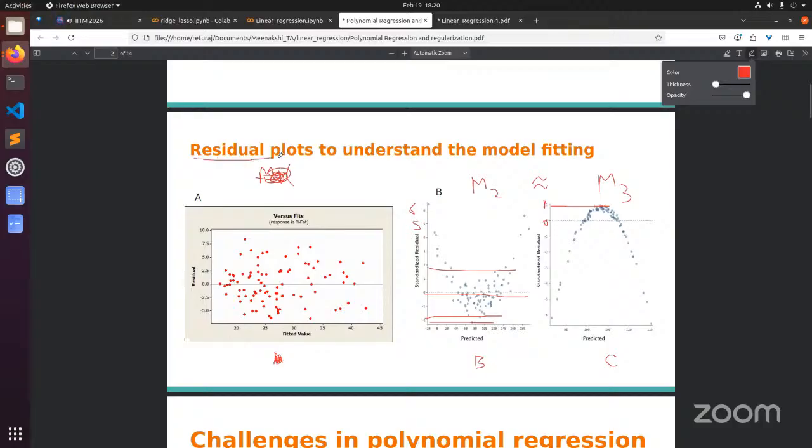Do people remember the residual plot? What are these points? Okay, so how do we plot this residual plot? For each data point x1, we calculate the residual as y hat 1 minus y1. So this is the true y1 and this is the predicted y1 for this particular x1. This is what we are plotting for all these points: for this x1, what was the error?